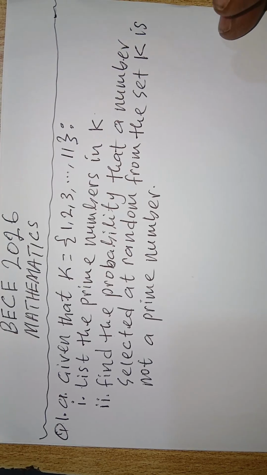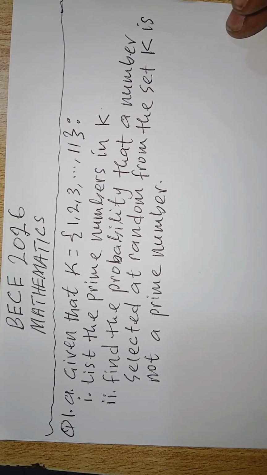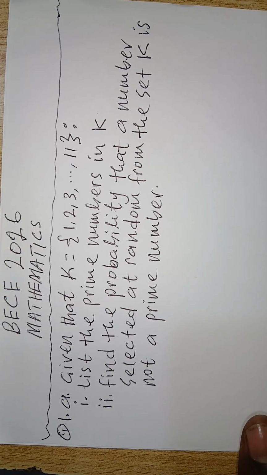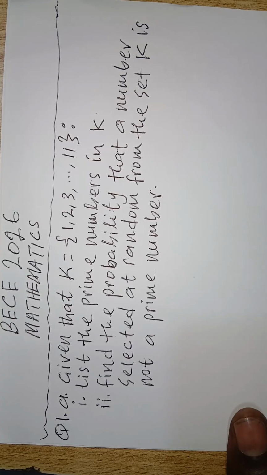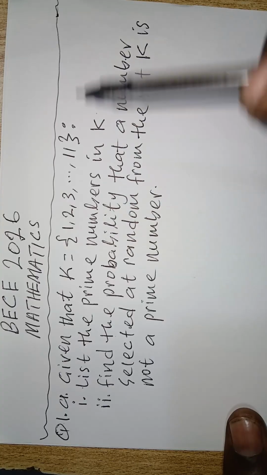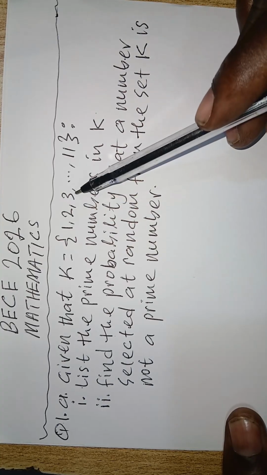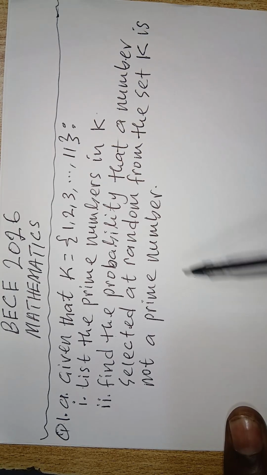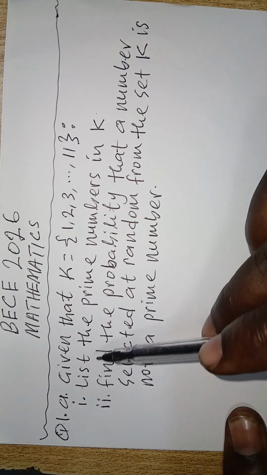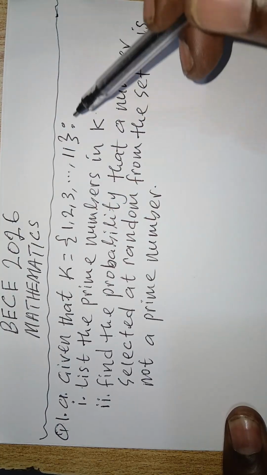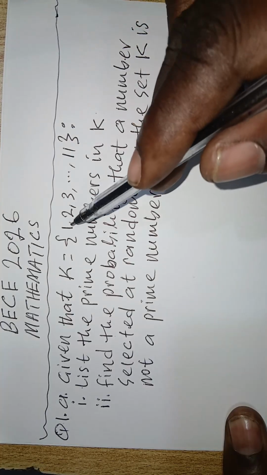So this year, this was their question 1. Let's begin with the A, then we'll go to the B. Question 1A says that, given that K is equal to 1, 2, 3, up to 11, students were asked to list the prime numbers within this K. They are not supposed to list numbers outside.